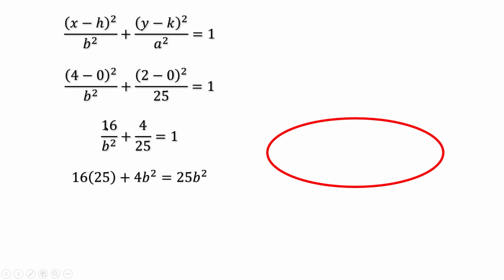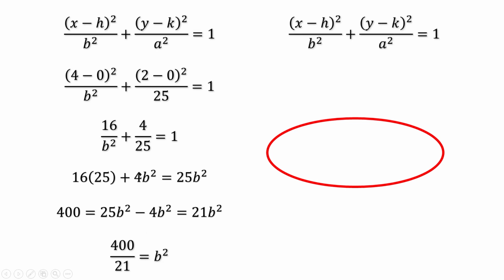Then cross multiply, we have 16 times 25 plus 4 times b squared is equal to the product of b squared and 25. So simplifying, 400 is equal to 25b squared minus 4b squared is equal to 21b squared. So we have 400 over 21 is equal to b squared.